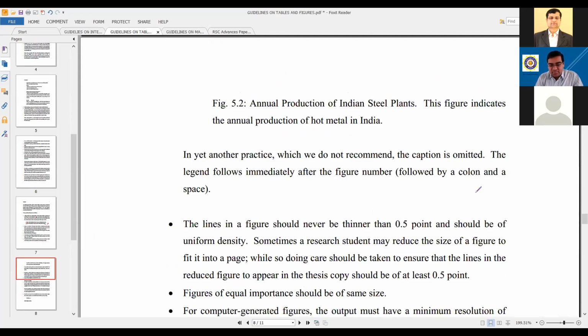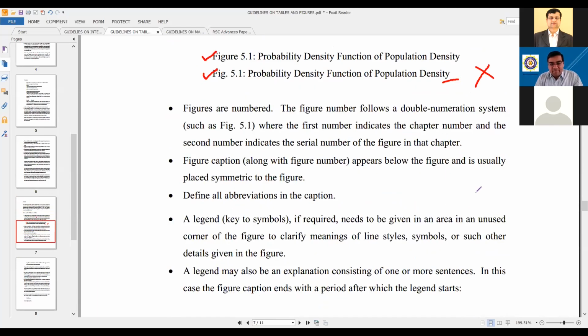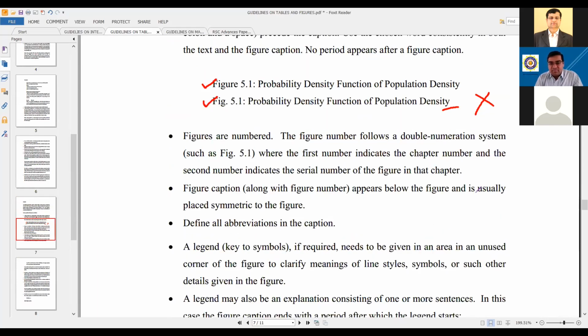The figure number follows a double numeration system where the first number indicates the chapter number, that is 5, and the second number indicates the serial number of the figure in that chapter.